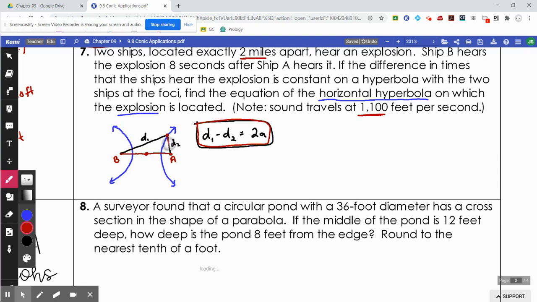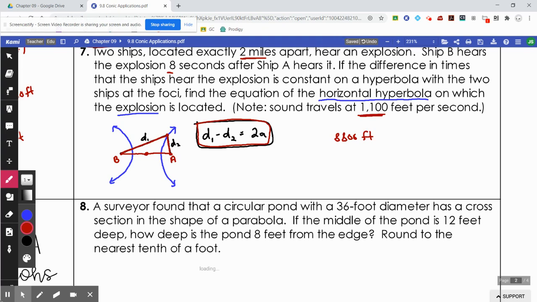Because it hears it 8 seconds afterwards, the difference in the two ships' distances has to be, well, the sound travels 1,100 feet each second. So if you do 8 times 1,100, 8,800 feet must be the difference in the distances of the ships.